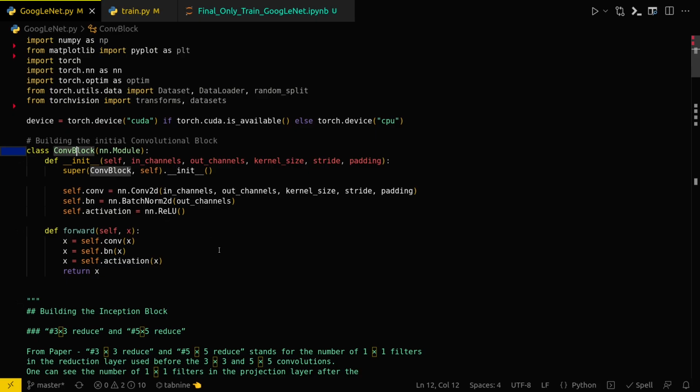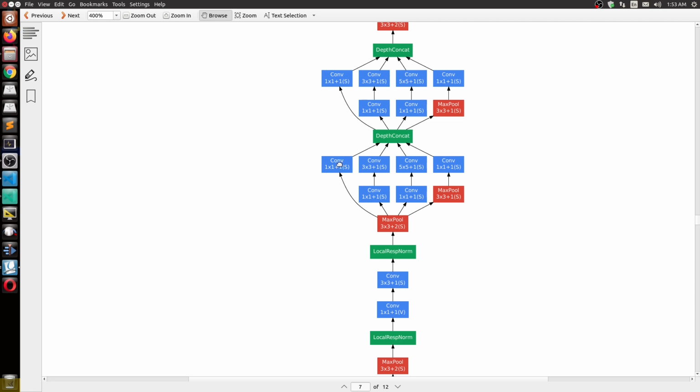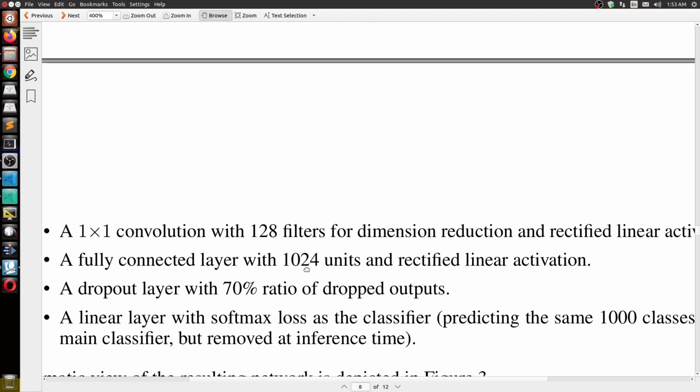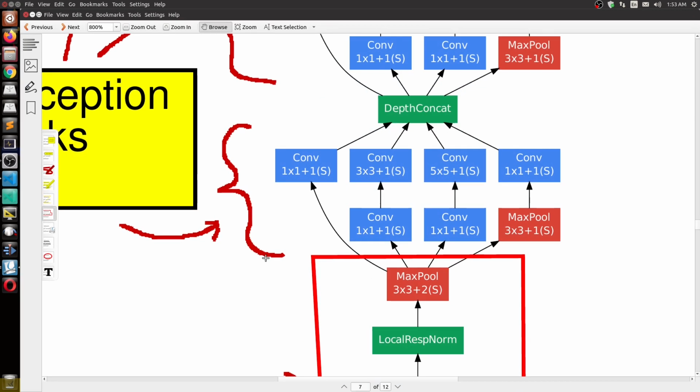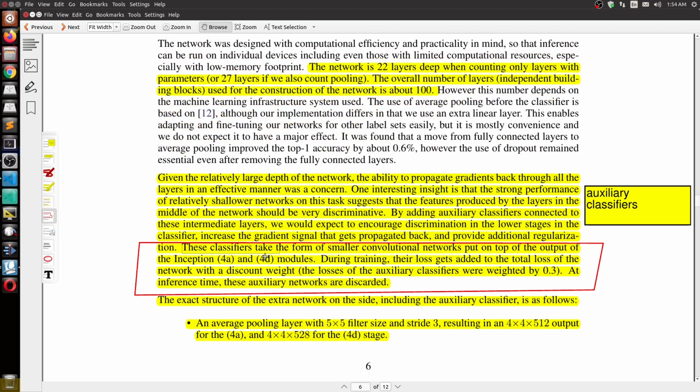class conv block, because inside the Inception block, each of these conv, that is each of these blue blocks, actually implements a conv, batch normalization, and ReLU. It is clearly written in their paper as well. Let's go back to my annotated one.